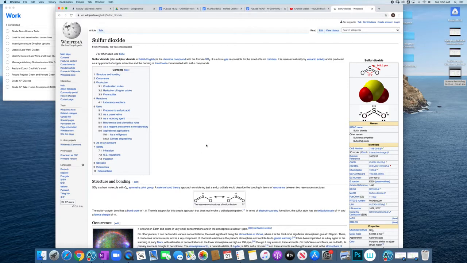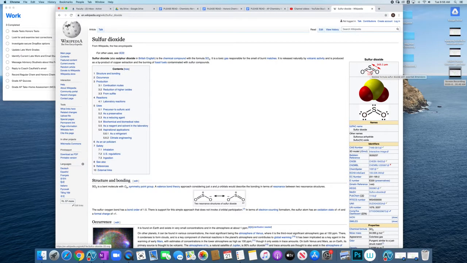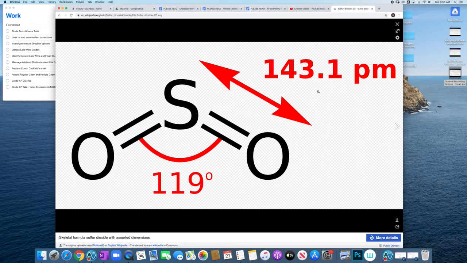The bond angle, you can see, is really, really close to 120. It's 119. And so that's empirical. That's what it's actually been measured to be. Notice it's been compressed down a little bit from that theoretical 120.